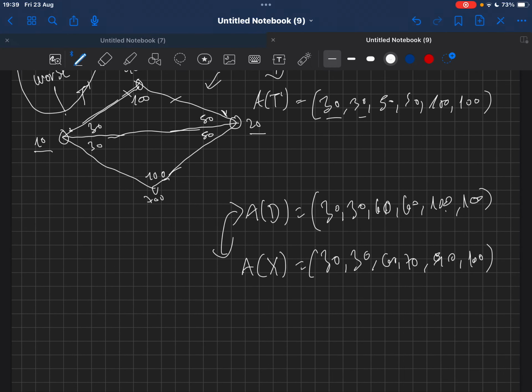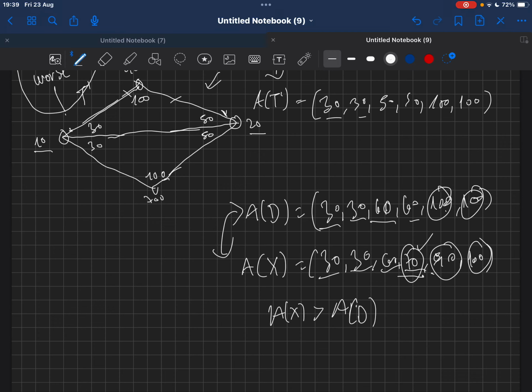So I start to see which triangulation is better. This and this the same, this and this the same, this and this the same, this and this not the same. This one is better because it is bigger. So I say that the triangulation of x is better than the triangulation of d, just because of this. Even though this one is smaller than that one, I don't care. I start from the start and look where in the vector those two vectors differ in value. The vector with the bigger starting angle is the better triangulation.